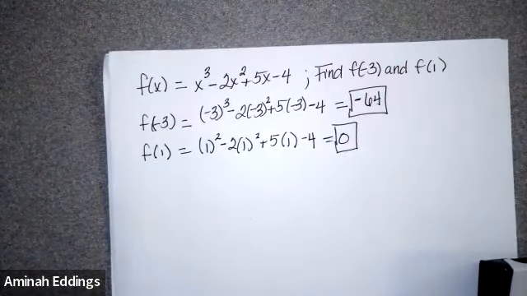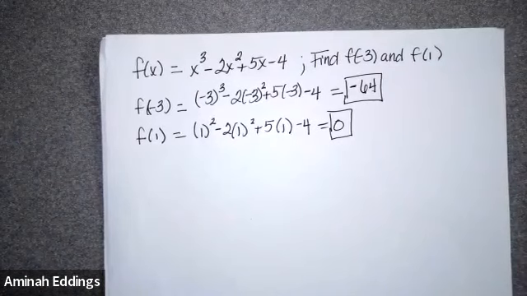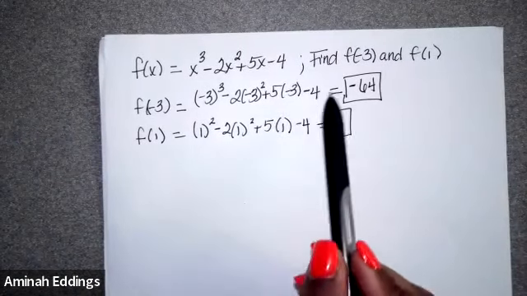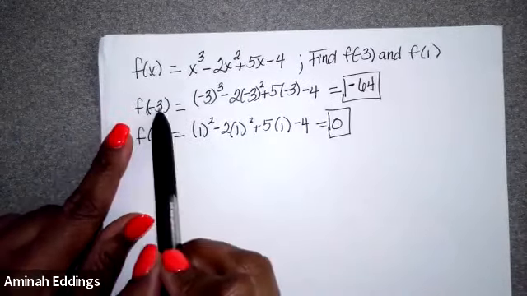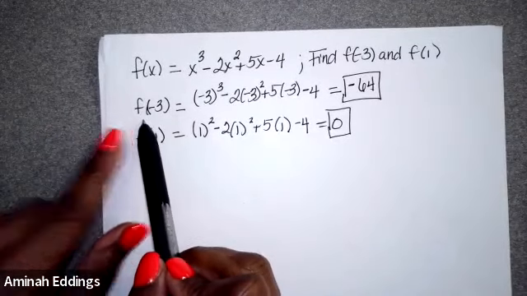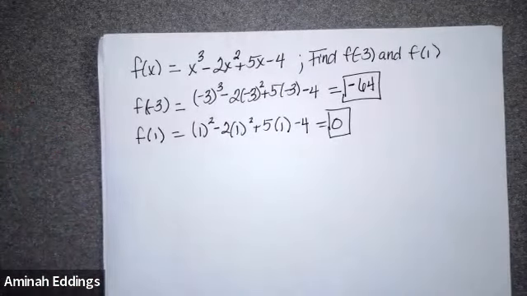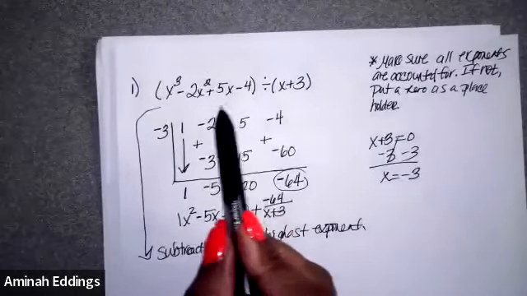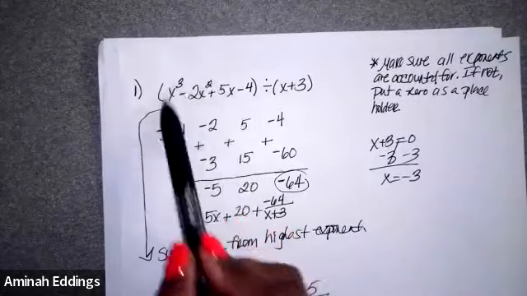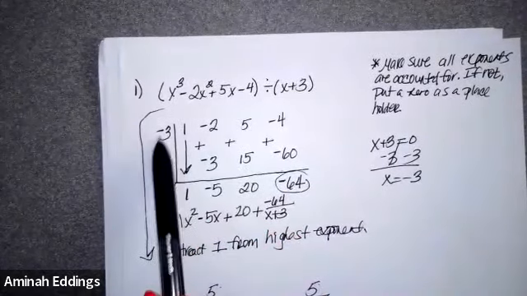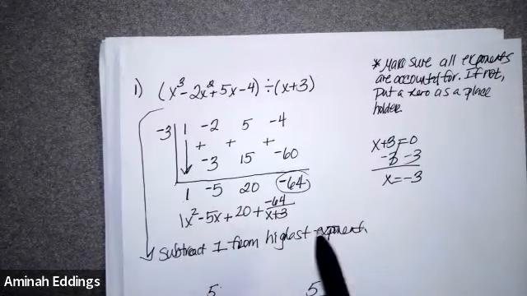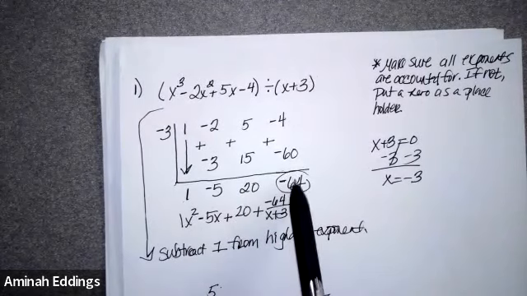Okay, so let's take notice of here, when we found f of negative 3, that's this problem right here. Remember, this is our function. We took negative 3, divided, and our remainder was negative 64.